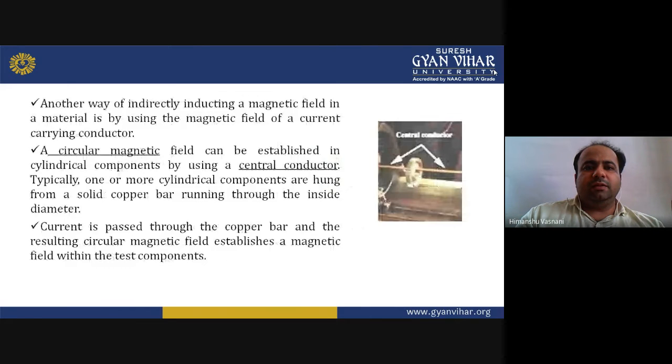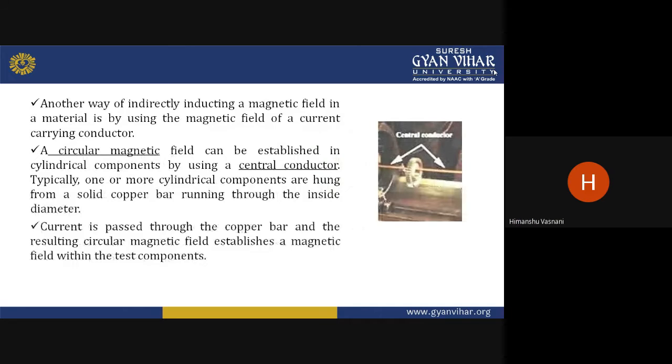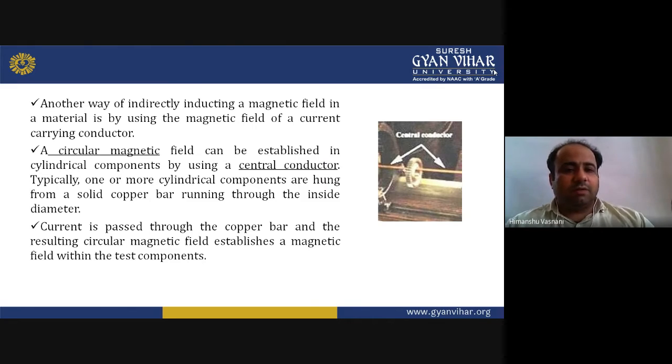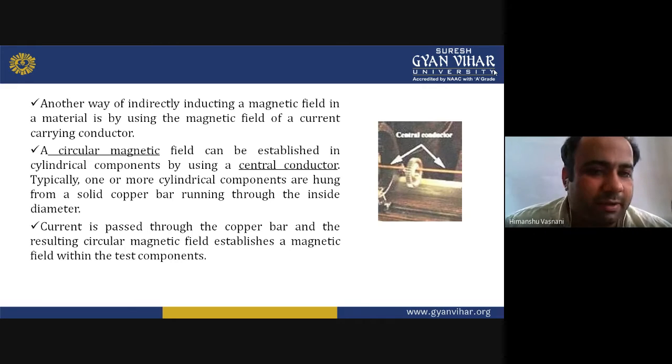Another way of indirectly inducing a magnetic field in the material is by using the magnetic field of a current carrying conductor. A circular magnetic field can be established in cylindrical components by using a central conductor. Typically, one or more cylindrical components are hung from a solid copper bar running through an inside diameter.